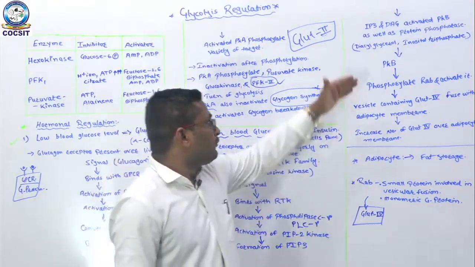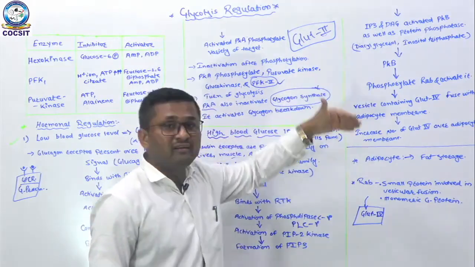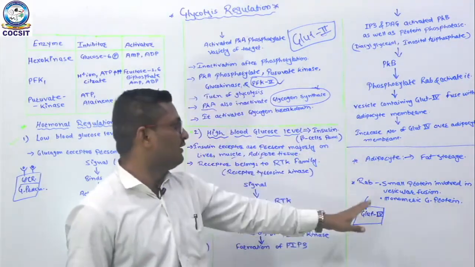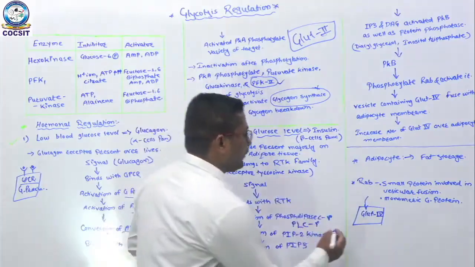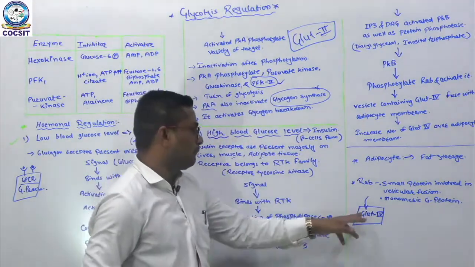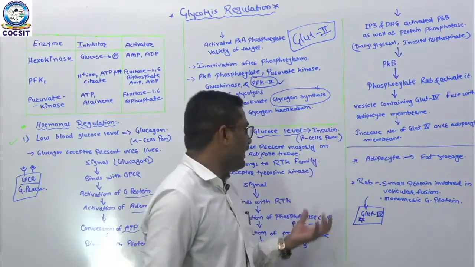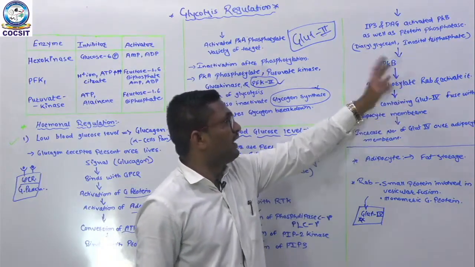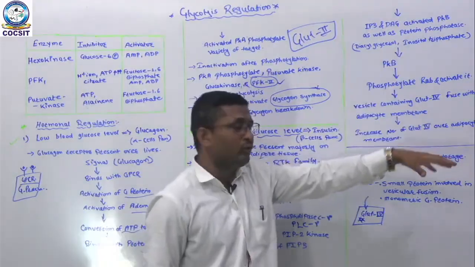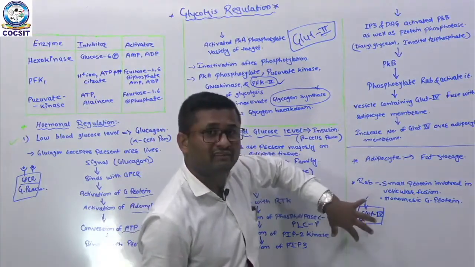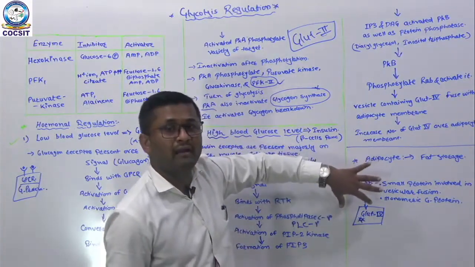Okay, so this PKB will phosphorylate this RAB molecule, which is the monomeric G protein involved in the vesicular formation, because these GLUT4 transporters are initially present on these vesicles. As soon as this activated PKB is phosphorylating the RAB molecule, this RAB molecule makes these vesicles fuse on the membrane of the adipose tissues.